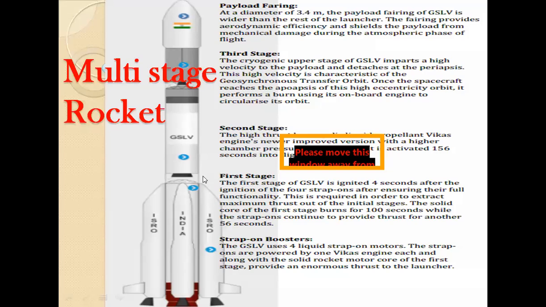Firstly there is the booster at the bottom, and the next is the first stage, where you have solid material as fuel. Then the second stage, then the third stage, the payload fairing. This is the stage where it goes into orbit. So these things are also important. You have to remember them.